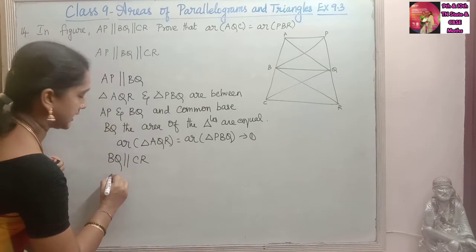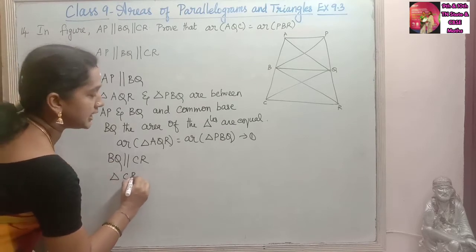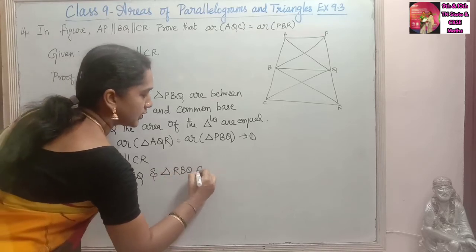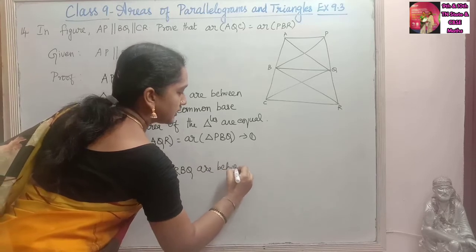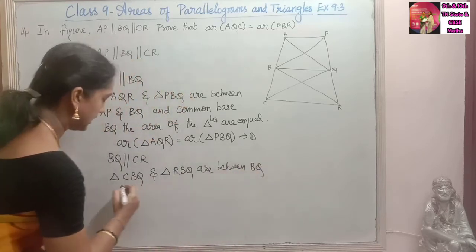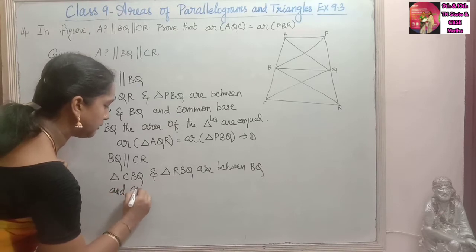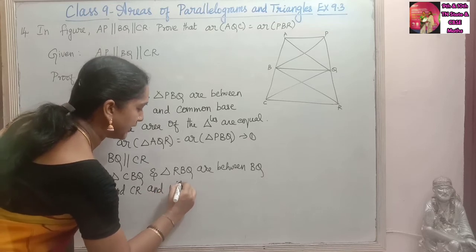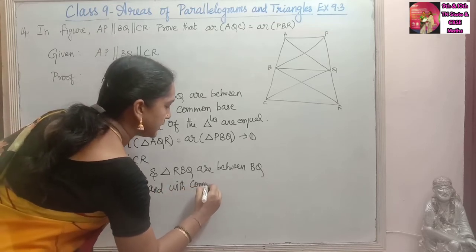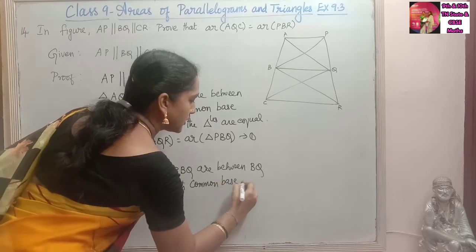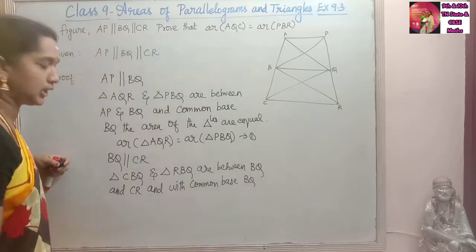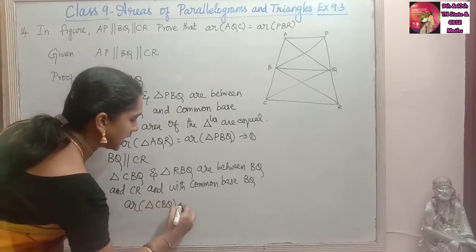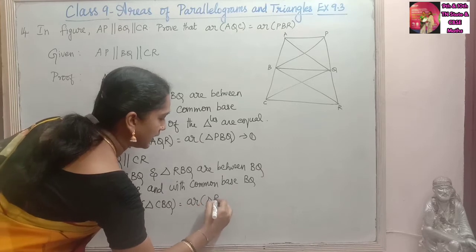So triangle CBQ and triangle RBQ are between BQ and CR, and with the common base BQ, we get area of triangle CBQ is equal to area of triangle RBQ.